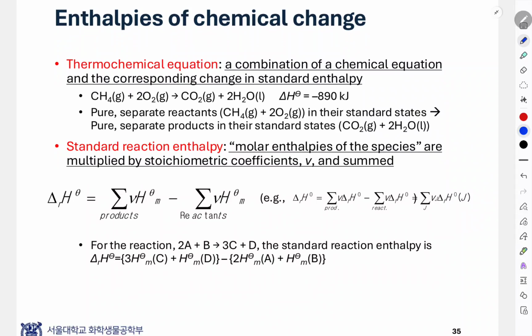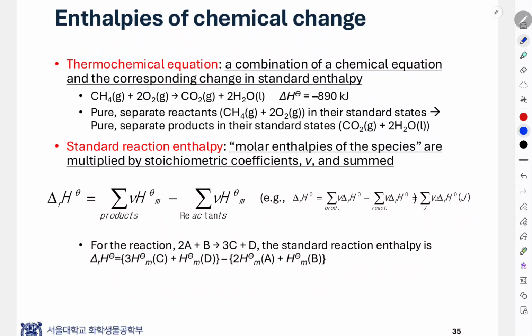This is a combination of a chemical equation and the corresponding change in standard enthalpy. It is the change in enthalpy when the reactants in their standard state change to the products in their standard state. So write the chemical equation, then write the standard enthalpy change next to it.